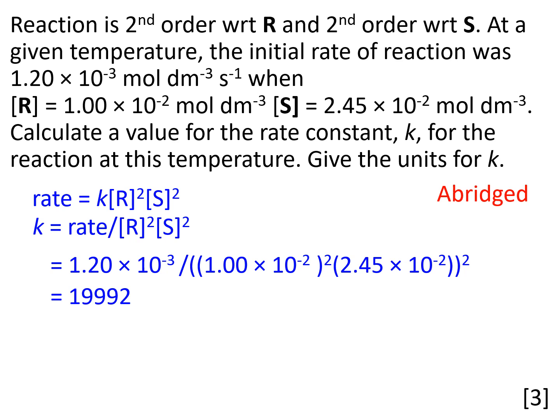It resolves to 19992. In order to work out the units, we know that the units for rate are always moles per decimeter cubed per second, and we know that the concentration units are moles per decimeter cubed. So we've got 1 mole per decimeter cubed term on the top, and we've got 4 mole per decimeter cubed terms on the bottom.